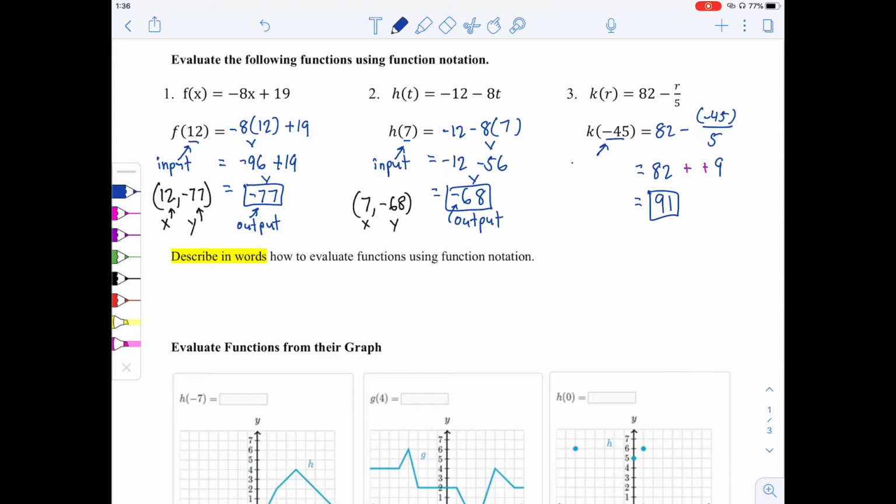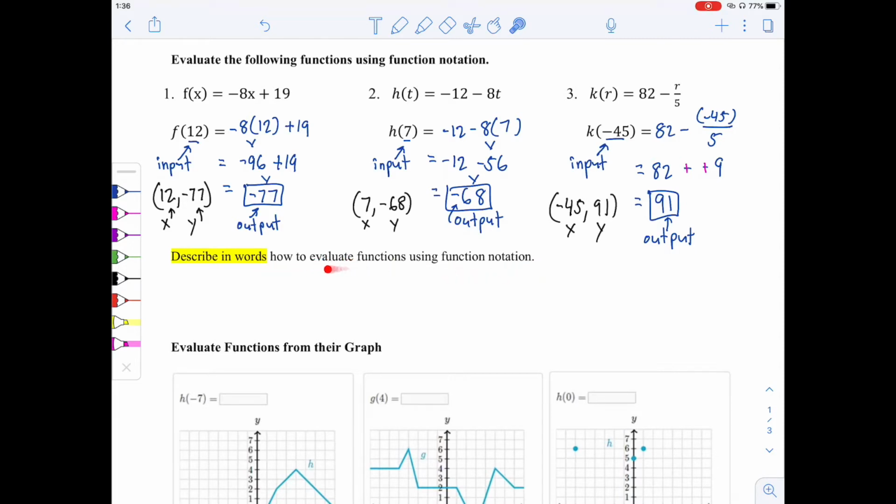So again, our input is negative 45. Our output is 91. Then our ordered pair that we would graph is negative 45, comma, 91. That's our x, that's our y. To explain it, describing in words how to evaluate functions using function notation: you just describe what you did.